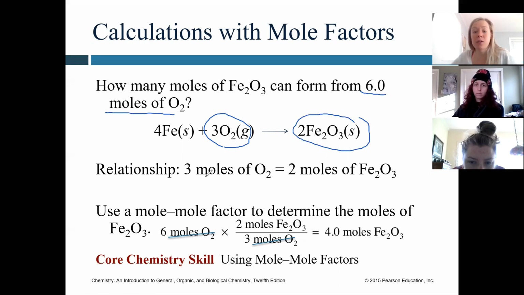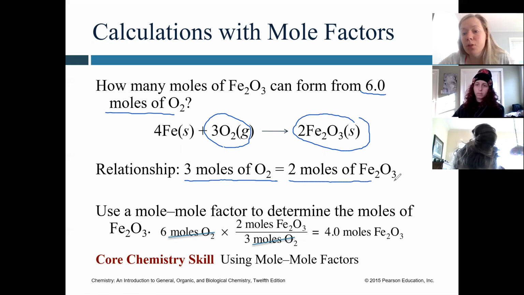I can, because I know the relationship. If you have 3 moles of O2, you're always going to produce 2 moles of the product. So you start with your given, which is 6 moles of O2, and you multiply it using dimensional analysis. All stoichiometry is really dimensional analysis. It's just converting from one compound to another.